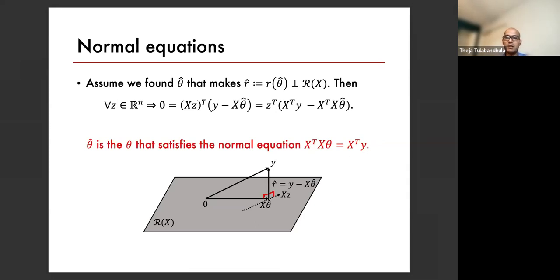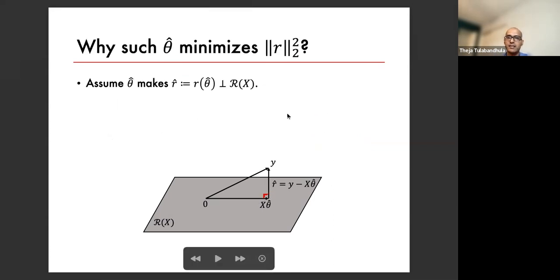We know it satisfies some property because of which we got a system of equations. Now you want to ask, why is that theta the one which minimizes the 2-norm square of the residual? Let's briefly answer that. The way we're going to answer it is by showing that any other theta is going to have a higher residual.